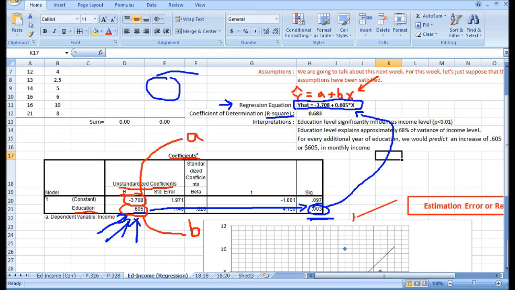The second conclusion, second interpretation we can make from this information.